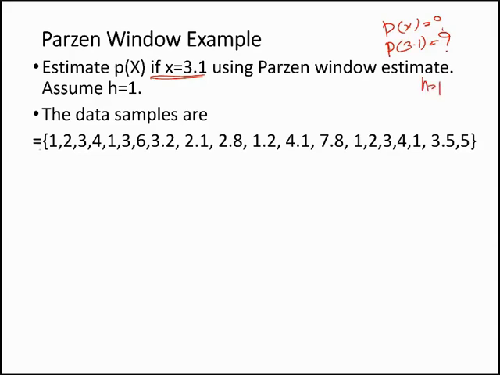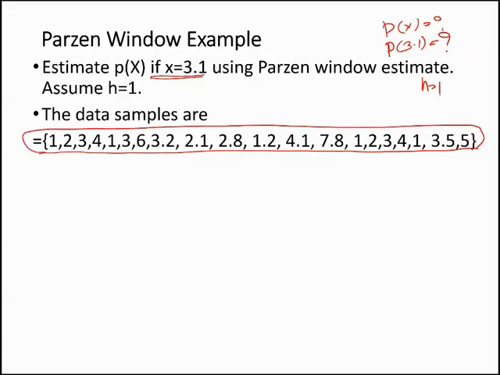And this is your given data. Based on this, you have to find out the probability density function at X equal to 3.1.